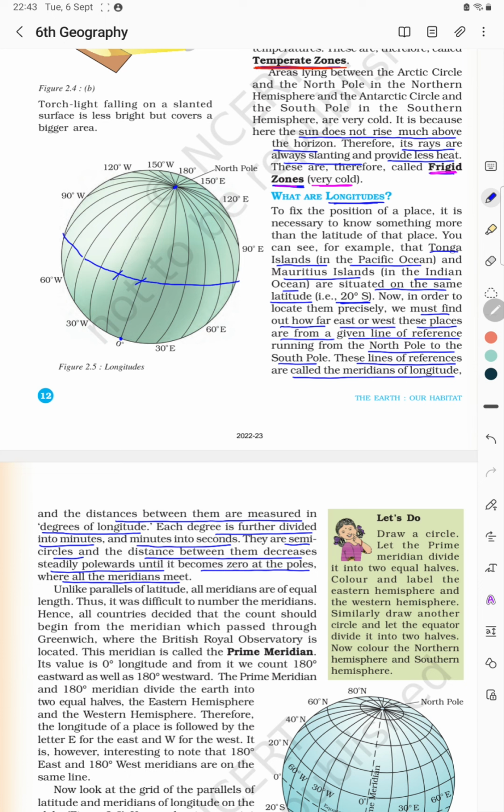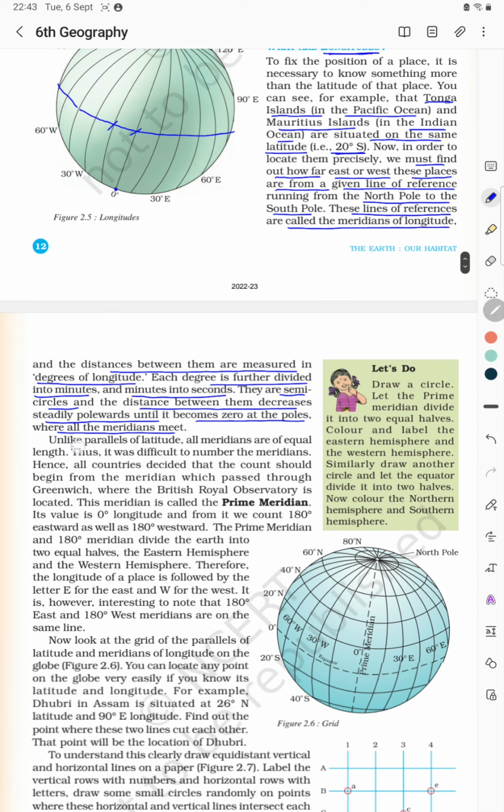As these lines move towards the pole, the distance between them reduces and becomes zero at the pole. Unlike parallels of latitude, which are at equal distance, in the case of meridians of longitude the maximum distance is at the equator and zero at the pole.